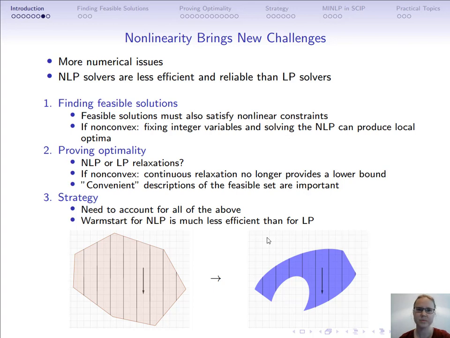And the problem with NLPs is that warm starting is not nearly as efficient as for LPs. And that really makes a big difference. And that is the reason why you will see some algorithms really gravitating towards using more LPs and solving NLPs only when this is really justified and really expected to pay off.